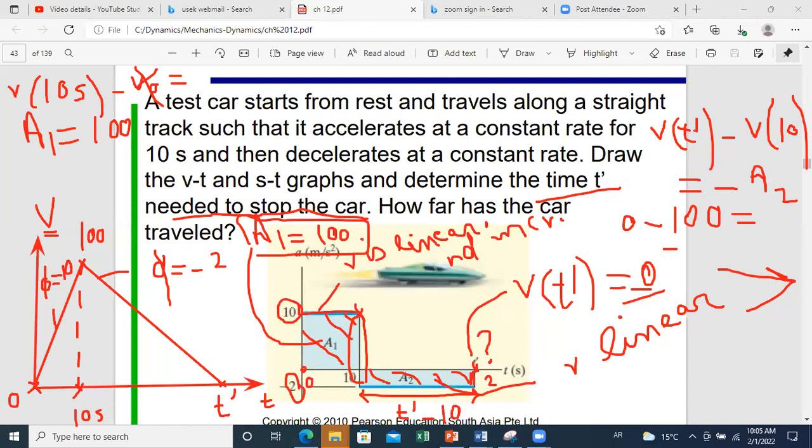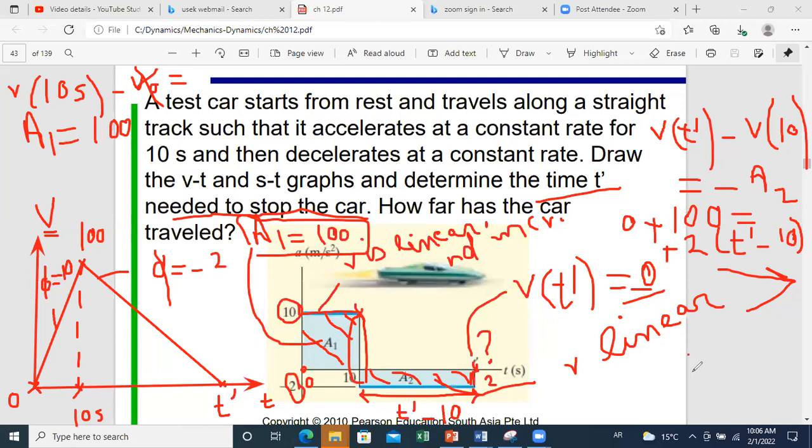So if I replace in my equation, I get that -100 is equal to -2 times (t prime minus 10). This equation will give you t prime. T prime will be equal to 60 seconds, because minus and minus give plus. I take 2 to the other side, it's 50, and plus 10.